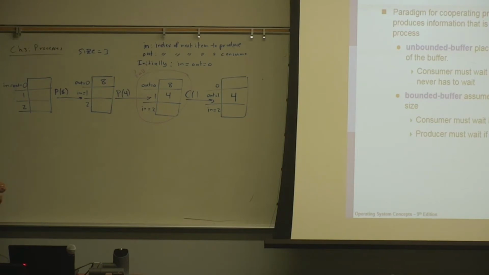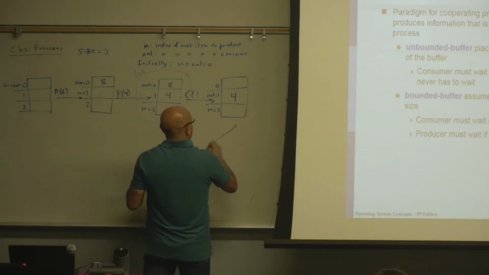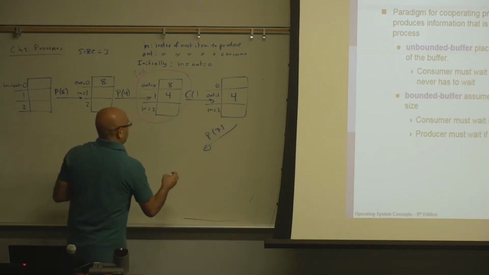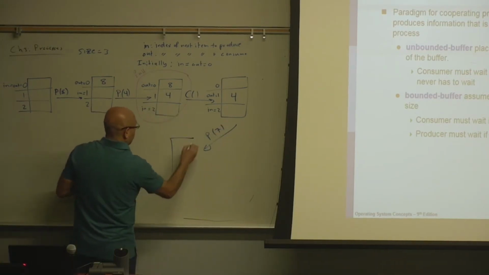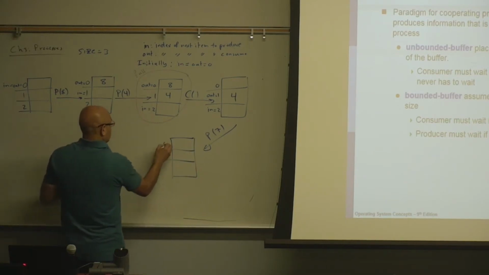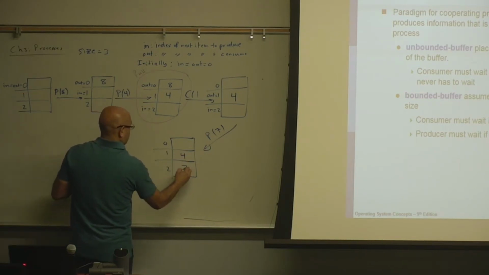Okay. So now, what will happen if we produce the next item? What if we produce, say, 7? If we produce 7, one more item, we'll have 0, 1, 2, and this is 4, this is 7.